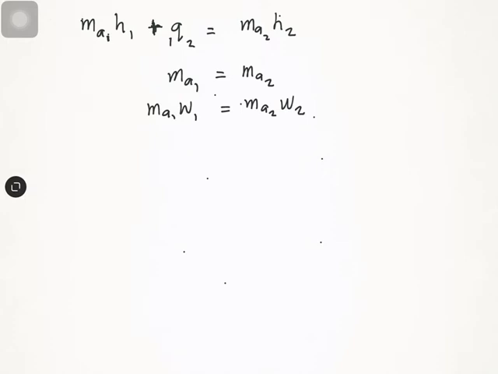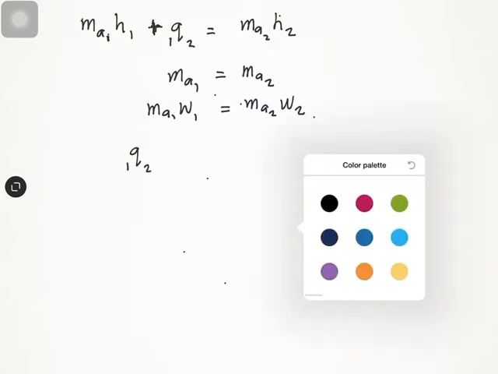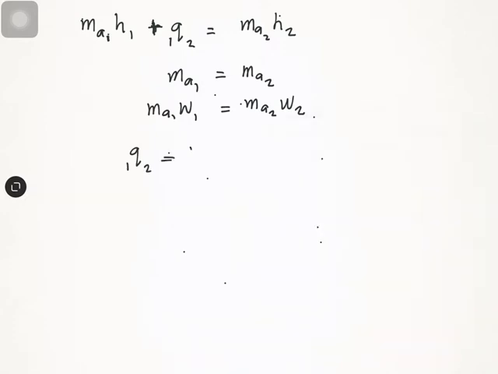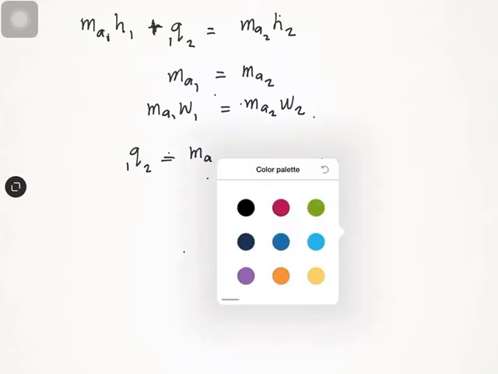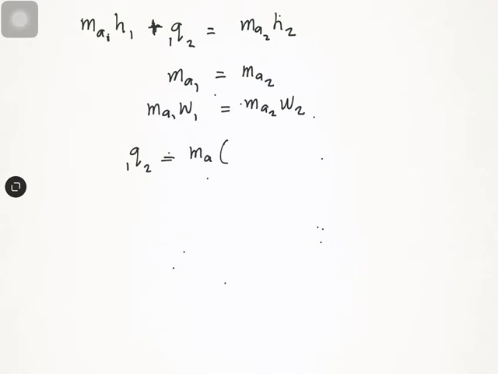Thus, for sensible heating, you have this equation: Q1 to 2 is equal to mass of air times H2 minus H1.